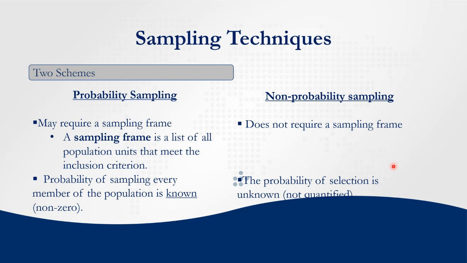On the other hand, we have non-probability sampling. It doesn't require a sampling frame, and the probability of selection is not known, meaning we can't quantify it. With probability sampling, you can say that the probability of selecting a unit is this much, and it's going to be non-zero.